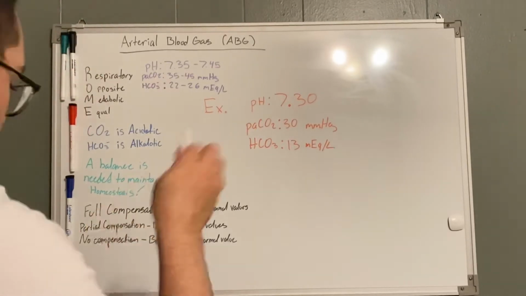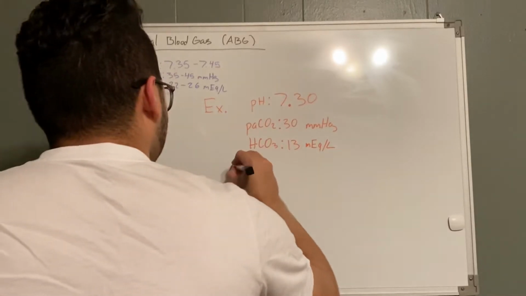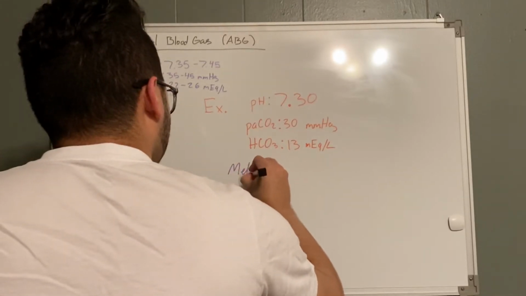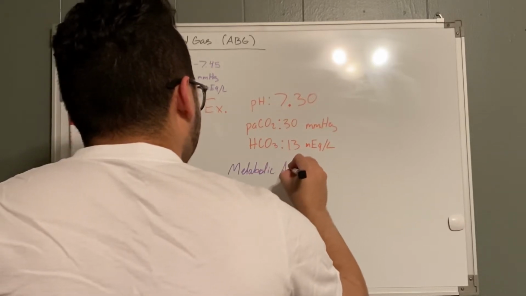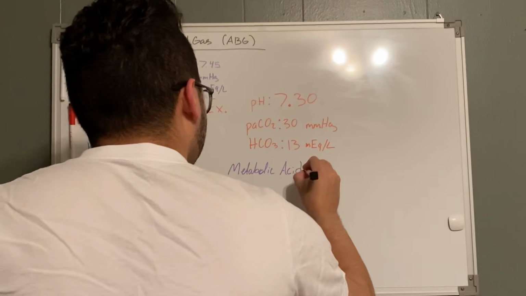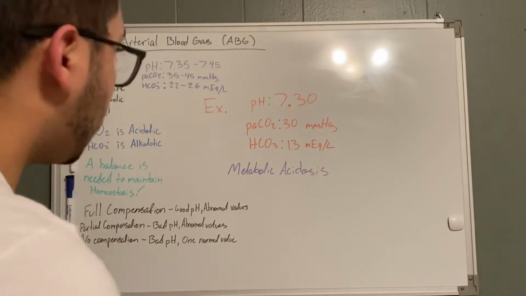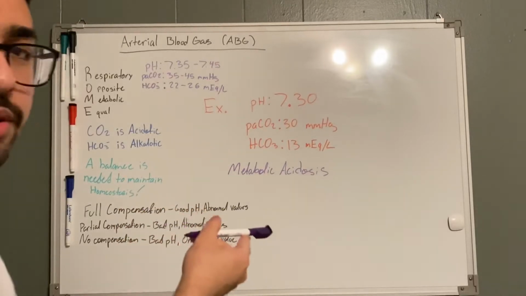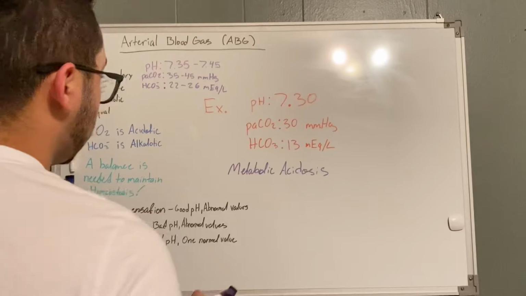So you can say that this patient has metabolic acidosis. Based on these ABGs, you can determine that this patient is suffering from metabolic acidosis.